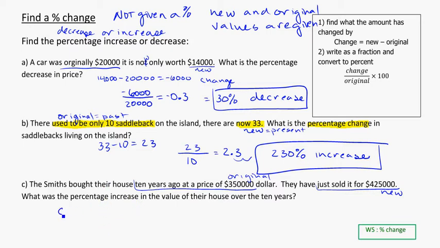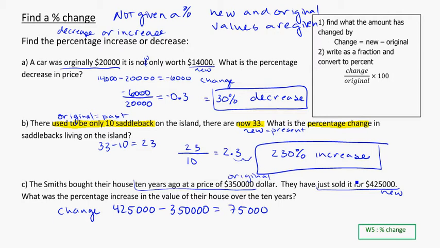So the first thing I need to do is find my change. And from this one, I'm going to go from 425,000 minus 350,000. That gets me $75,000. And it's increased. They bought it for $350,000. They're selling it for $425,000.